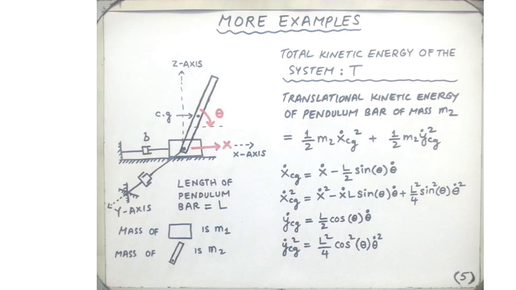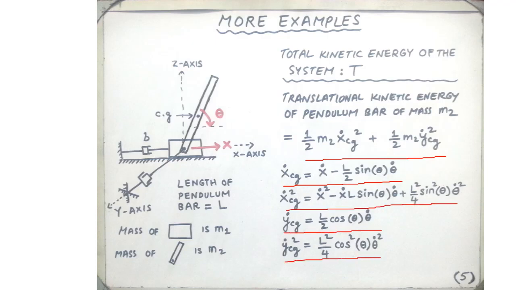So once the horizontal and the vertical components of the displacement, the position variables, have been computed, then we can just write down the expression for the translational kinetic energy of the pendulum bar. That is half times m2 xCg dot square plus half times m2 yCg dot square. The xCg dot expression is shown here, the yCg dot expression is shown here, and the corresponding squares of these terms can be found here as well.